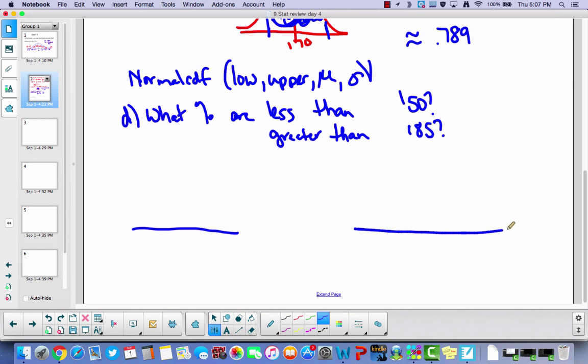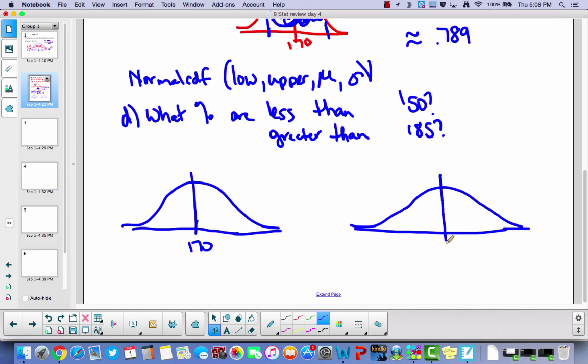Can you draw the picture of it? Should be roughly symmetrical. You're going to have to forgive my drawings. Here's 170. Less than 150, so we're talking down here. Greater than 185, we're talking right here.